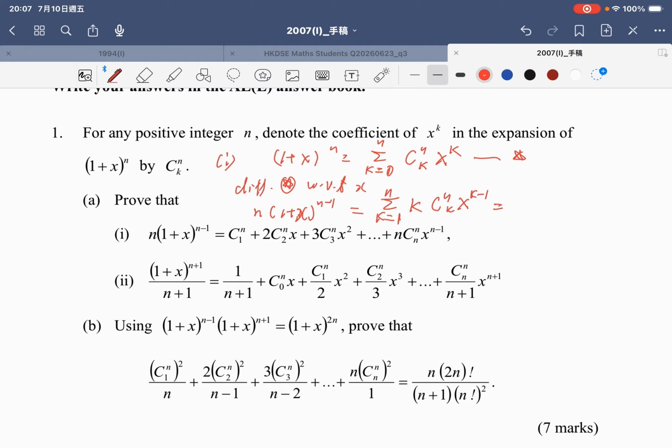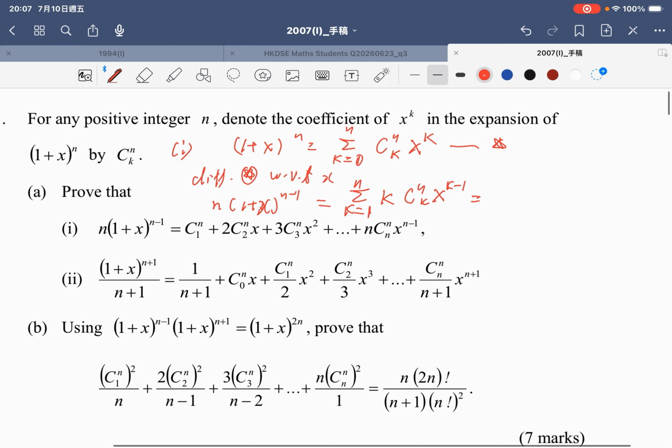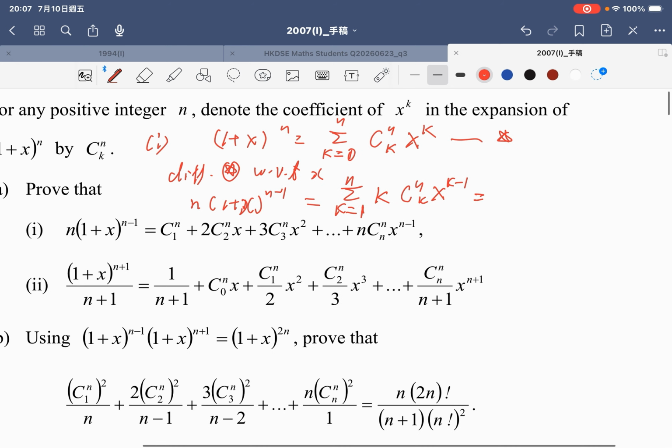When you expand this one, you can see that the first term is nC1, because the term nC0 is 0 after taking differentiation.